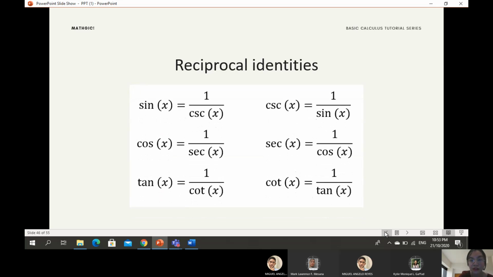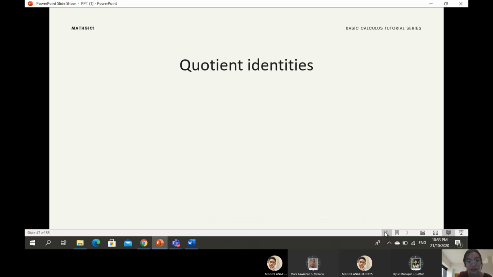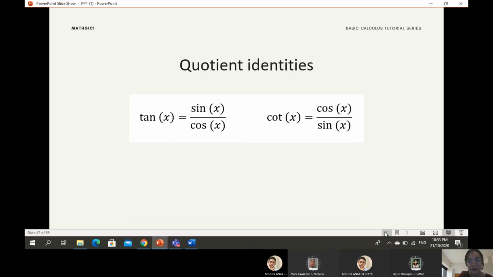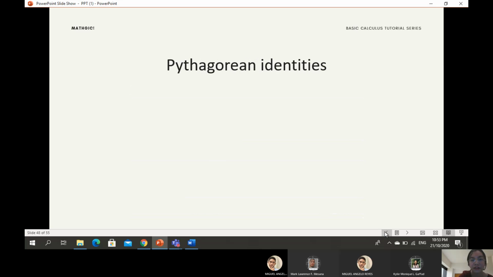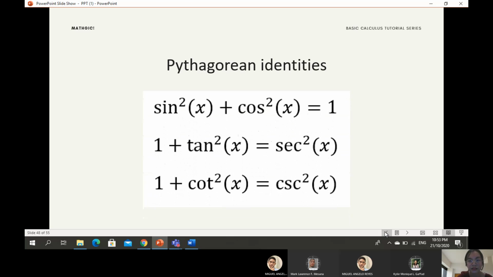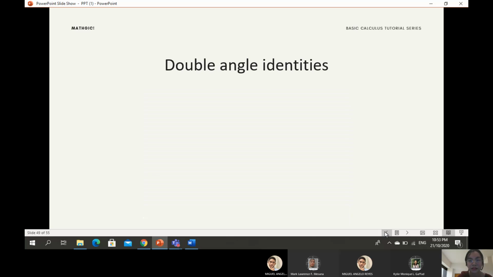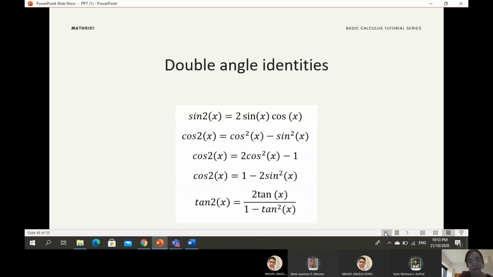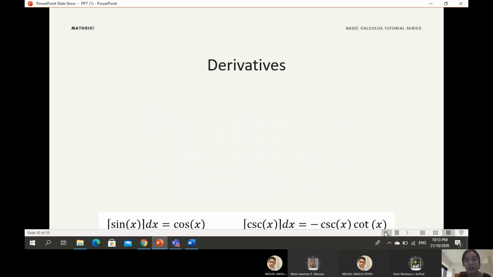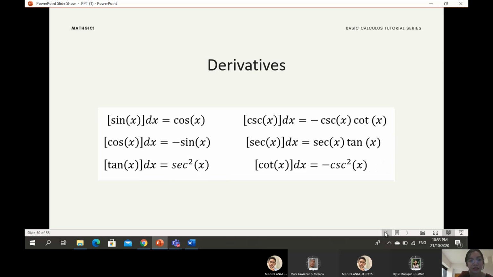So these are the reciprocal identities, the quotient identities, the Pythagorean identities, and the double angle identities. Then these are the derivatives of trigonometric functions.